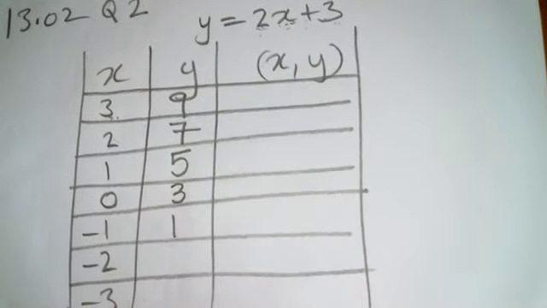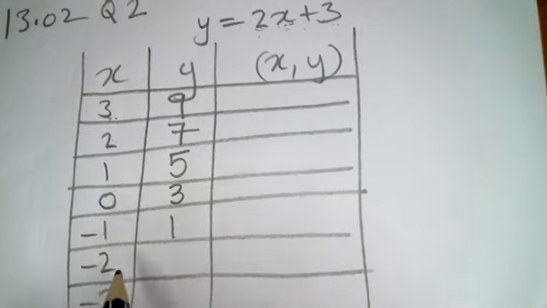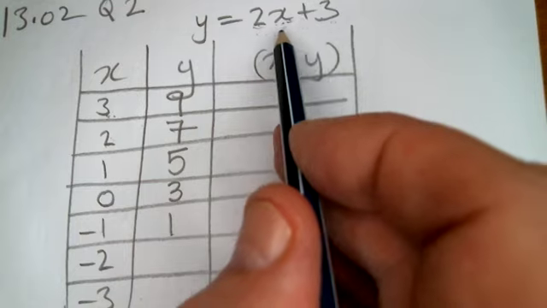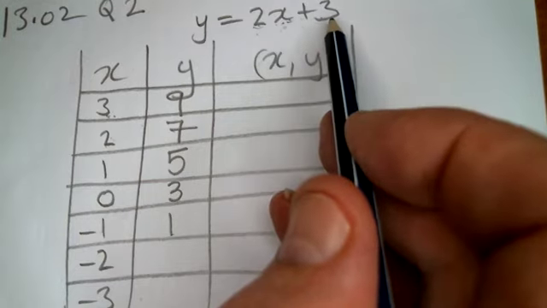Now, you can just do these on your calculator. So, for example, let's do this next one. This is -2, yeah? So I'm going to go 2 times -2 plus 3. Well, 2 times -2 is -4, plus 3 is going to be -1.